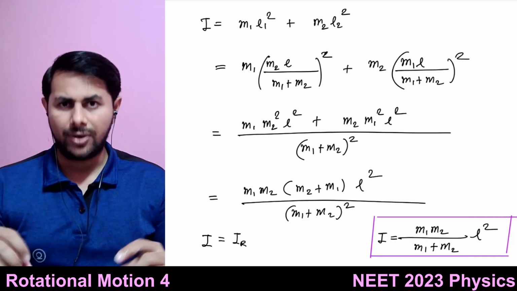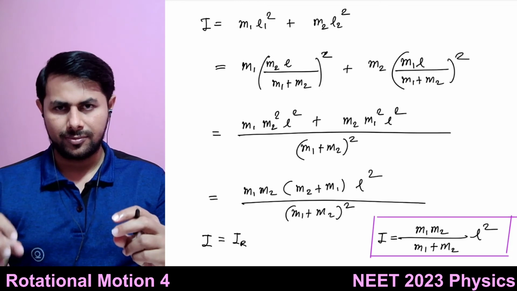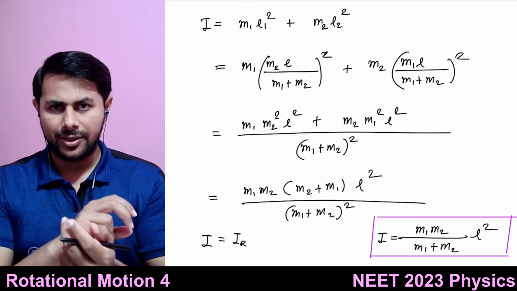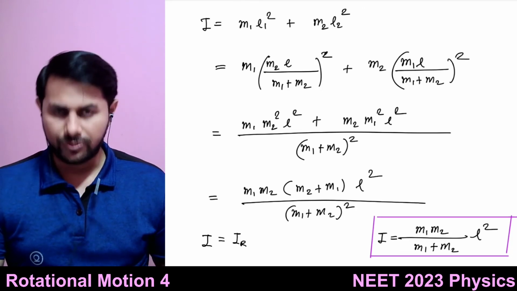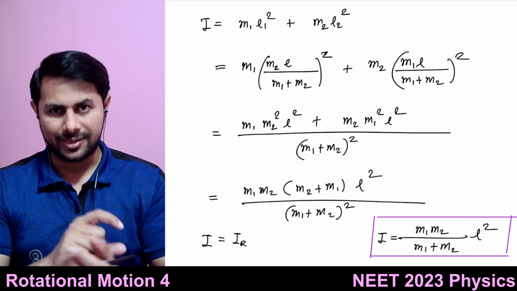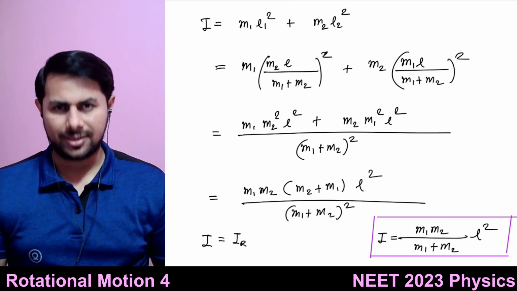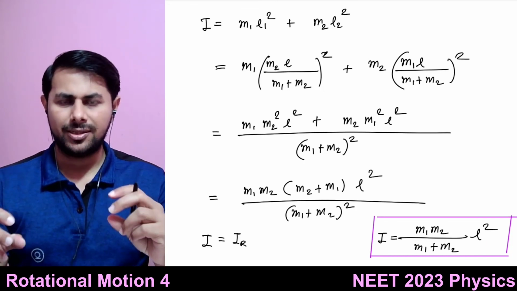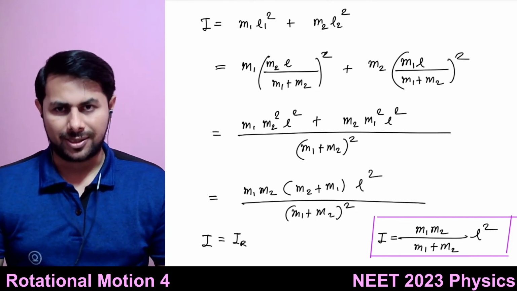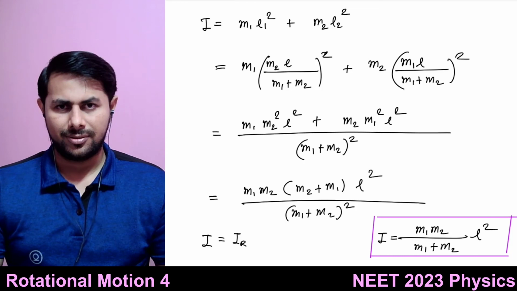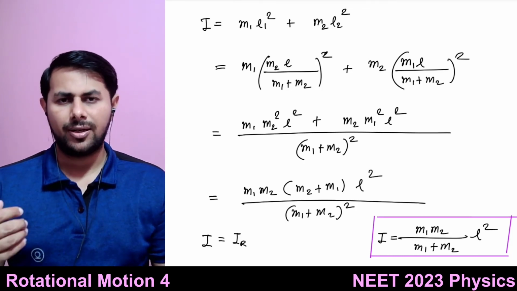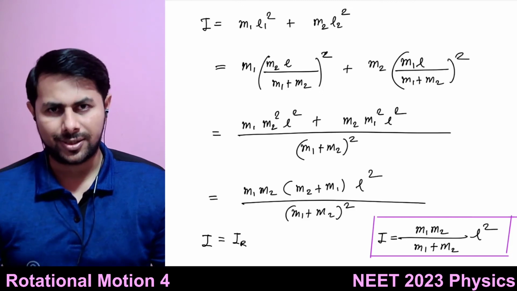So if you have two masses rotating about each other, we have seen systems like this. For example, a double star system. We talked about the double star system. Both of the masses actually revolve around what? Common center of mass. So for that system, you can say how much would be its kinetic energy.